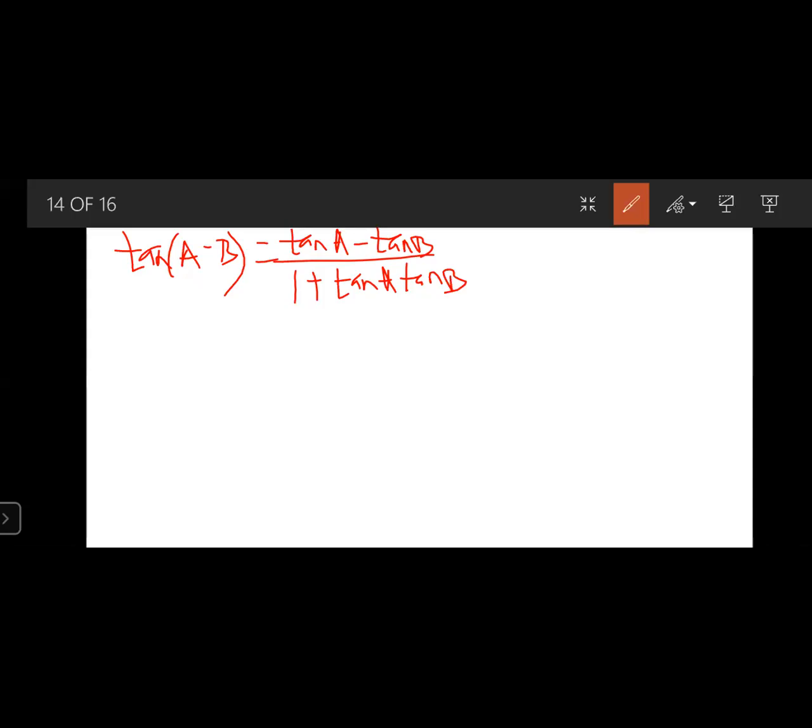Now we are talking about theta 1 and theta 2. So tan of theta 2 minus theta 1 equals tan theta 2 minus tan theta 1 over 1 plus tan theta 2 tan theta 1.